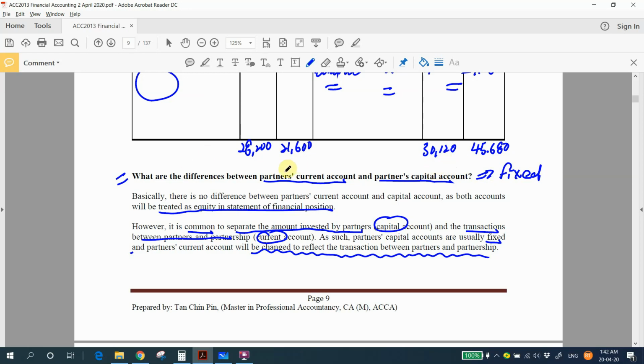But the current account, we use to record the transactions between the partners and the partnership, such as interest on drawing, partner salary, profit sharing or loss sharing. So those are the transactions that will be recorded in the current account. So this is the explanation of the difference between capital account and partner's current account.